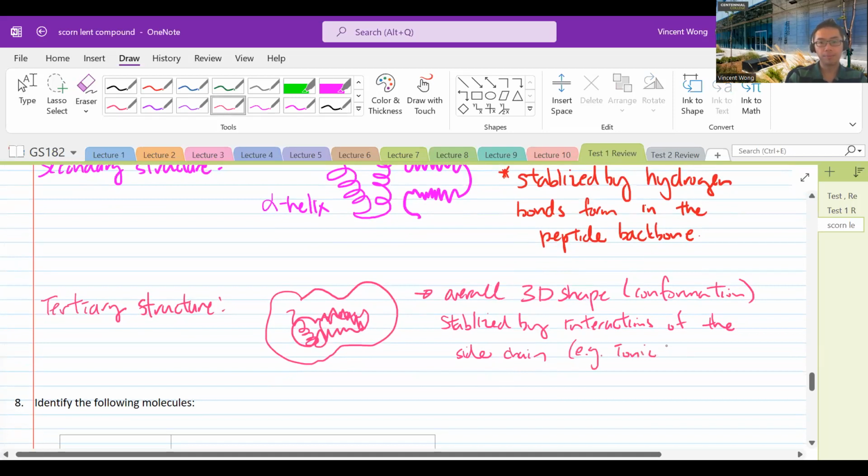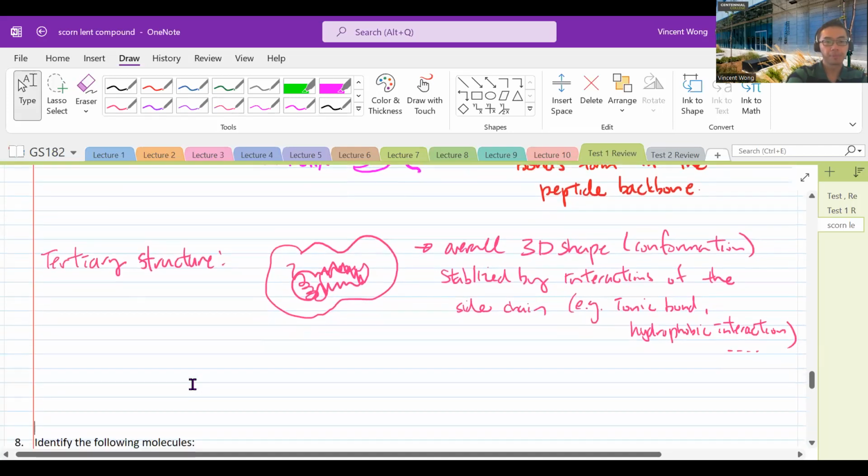Ionic bond, hydrophobic interaction. That means things that are hydrophobic would tend to clump together, and so on and so forth. There's a whole slide on this. And that's tertiary structure. Of course, the overall 3D shape is what gives the protein its property.